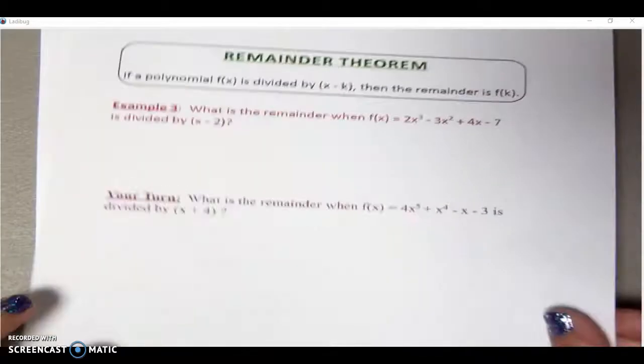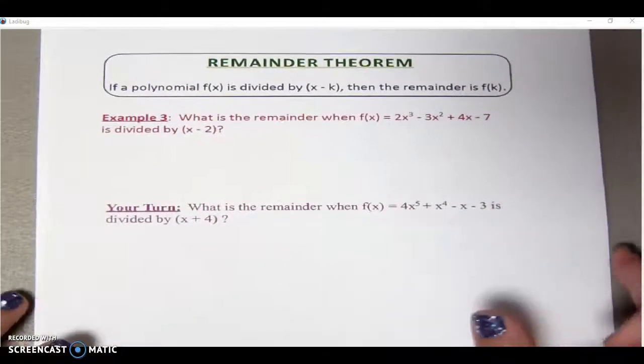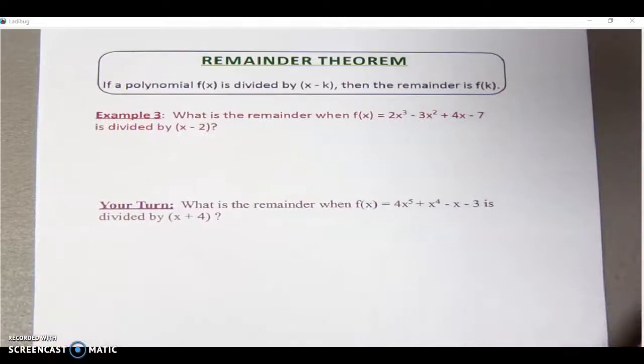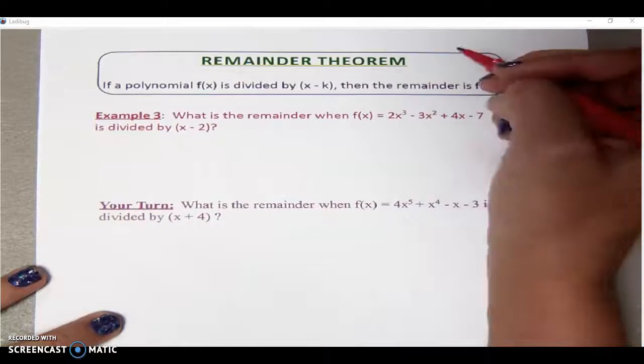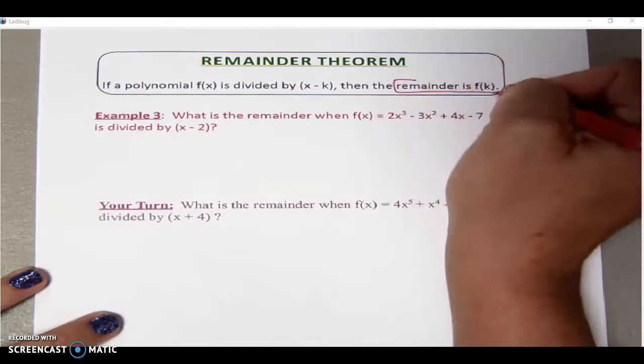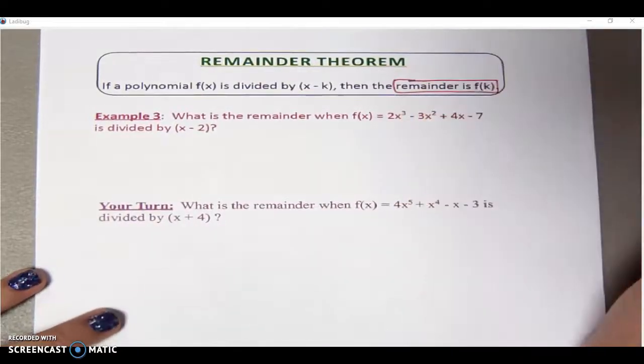Okay, the next thing we're going to talk about is the remainder theorem. So the remainder theorem says if a polynomial f of x is divided by x minus k, then the remainder is f of k. So this is saying we can find the remainder by just doing f of k.